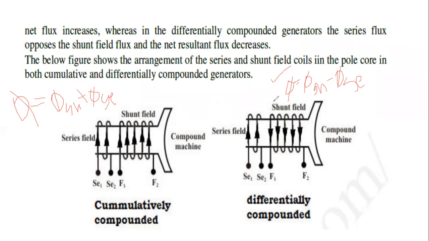In the differentially compound generator, the resultant flux is equal to the difference between the two fluxes. In the cumulatively compound generator, the resultant flux is equal to the sum of the two fluxes. These are the various classifications in the case of DC generators.